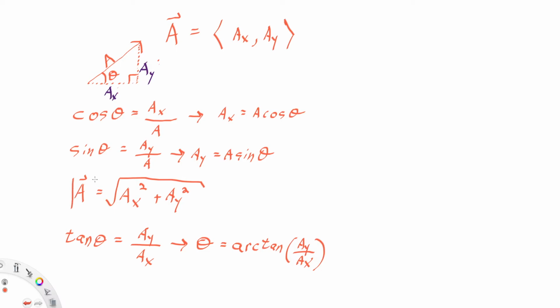So technically, we use these absolute value signs around the vector to mean the length. And when we say that, this is the magnitude of the vector.